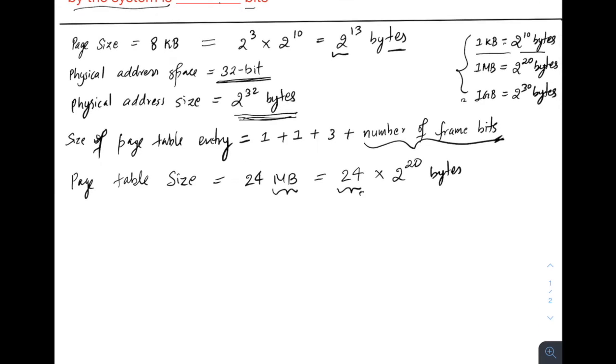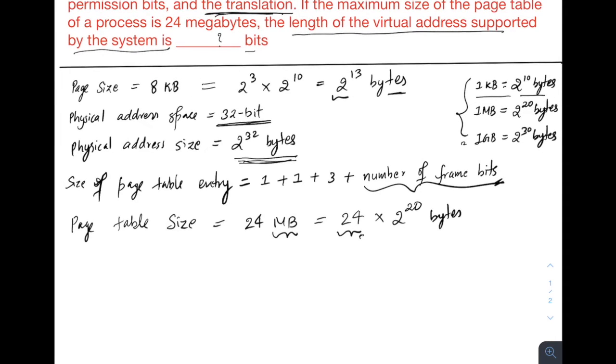Our intention is to find the number of bits required. If we can find the total size of the virtual address space, we can get the number of bits. Because here, the physical address size is 2 power 32 bytes, how many bits are required? 32 bits, right?